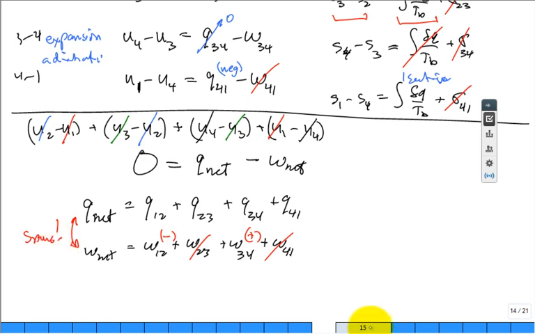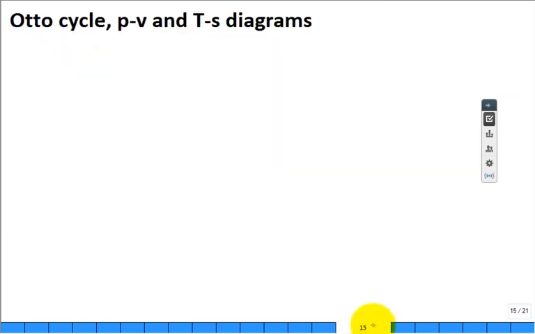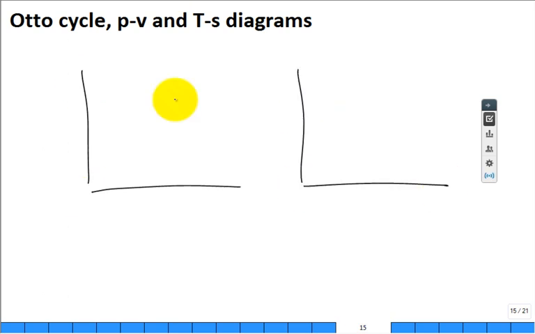All right, let's sketch it now on a PV diagram and a TS diagram. So pressure, volume, temperature, entropy diagram. I like to work with lowercase s, specific entropy, and lowercase v, specific volume. Okay, we start at state 1, large volume, low pressure.